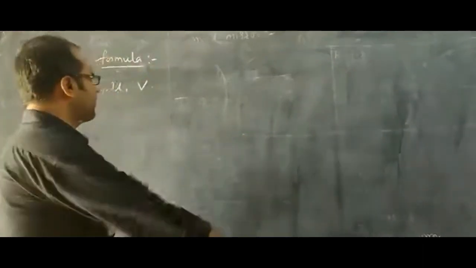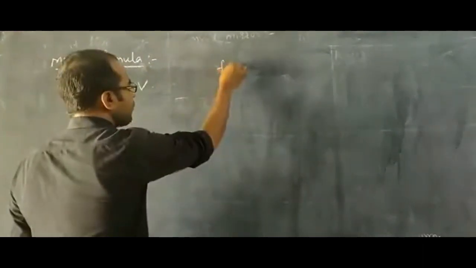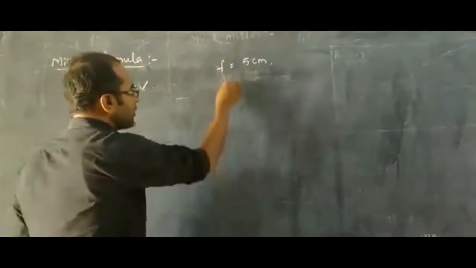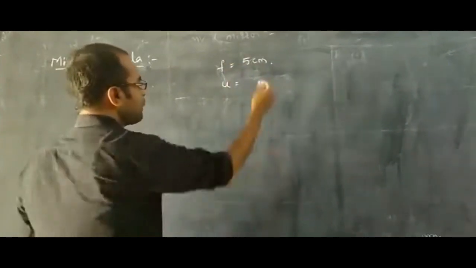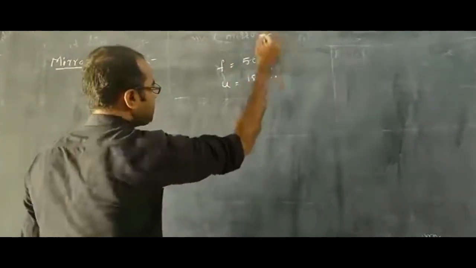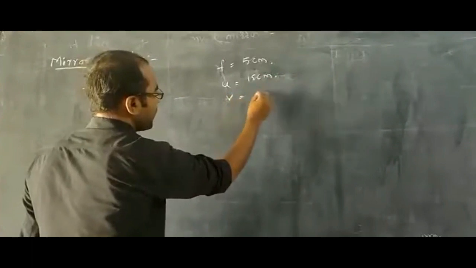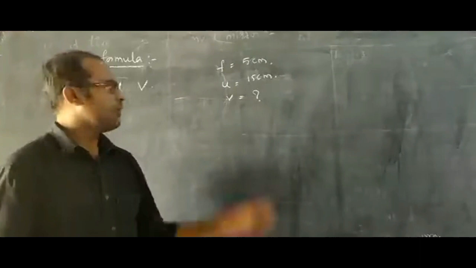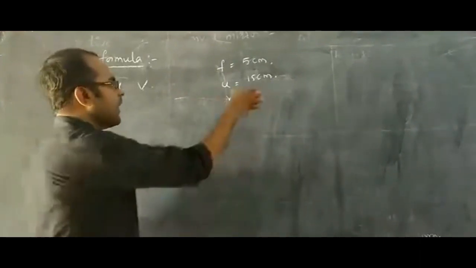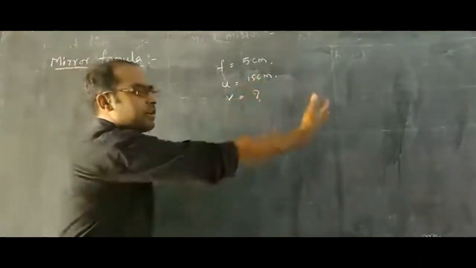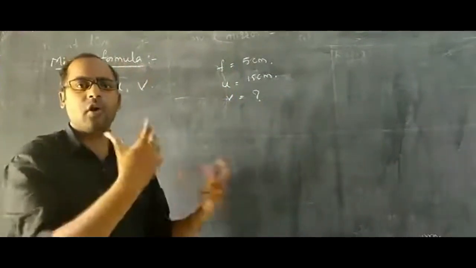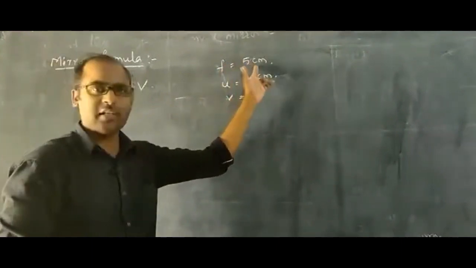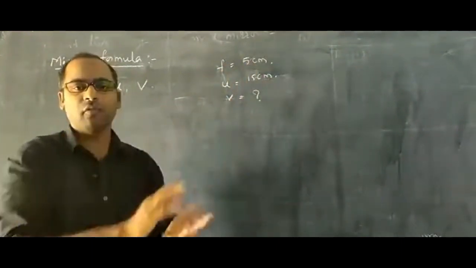In a simple case, the focal length is given as 5 centimeters and the object distance u is given as 15 centimeters, and they ask to calculate the image distance and where the image will be formed when the object is placed 15 centimeters away from the mirror.